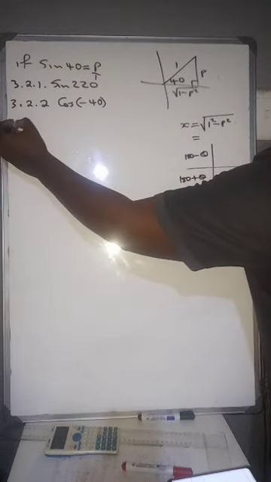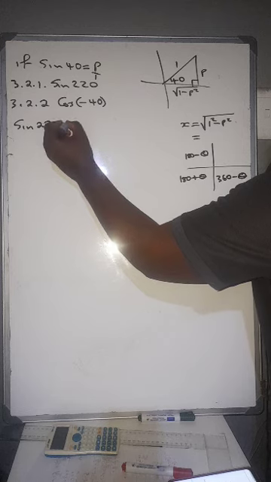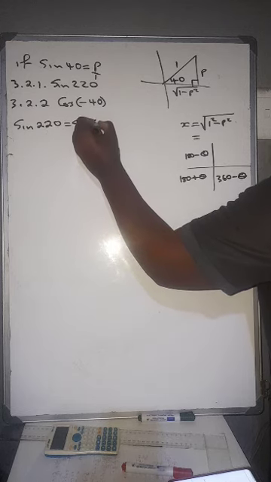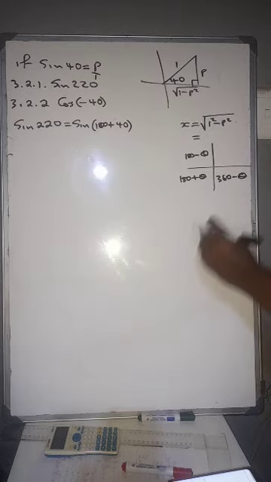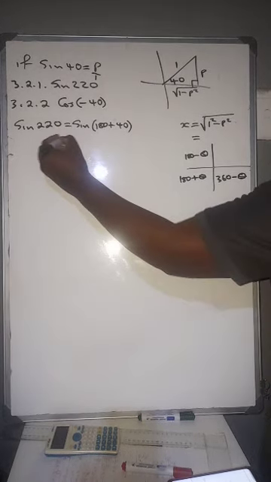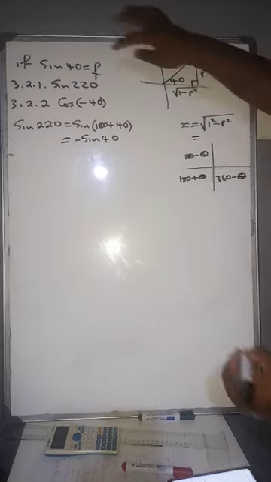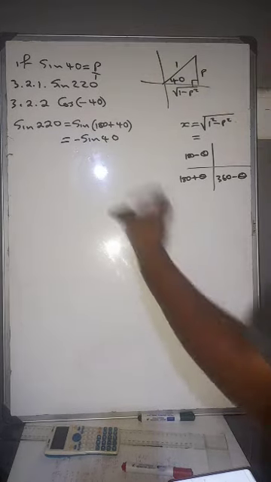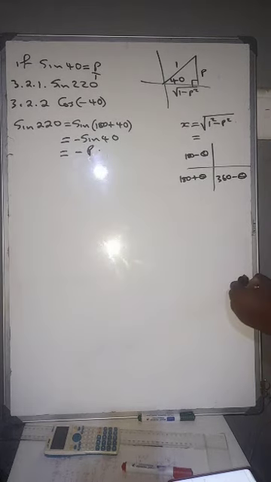So sine 220 is equal to sine 180 plus 40, and sine is negative in the third quadrant. So when we reduce it, it becomes negative sine 40, and we already know the value of sine 40, that is p, so this is negative p.